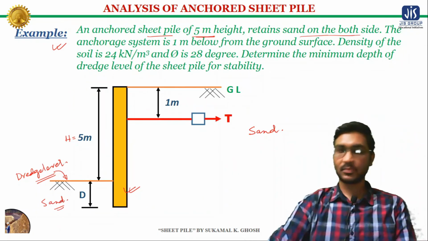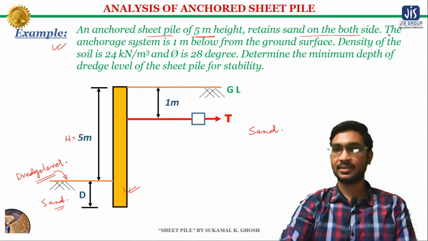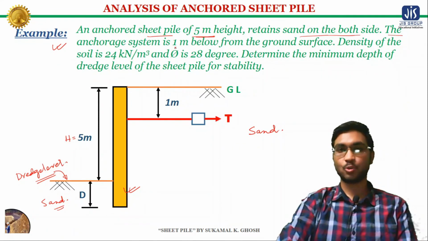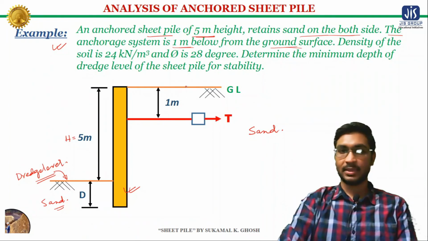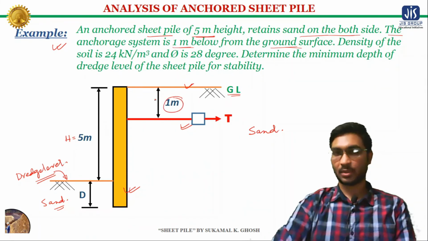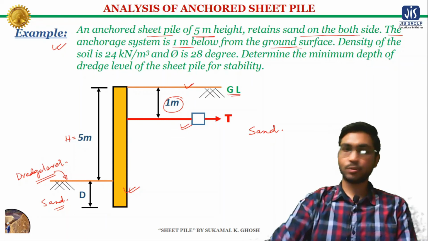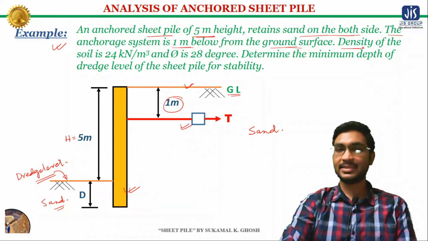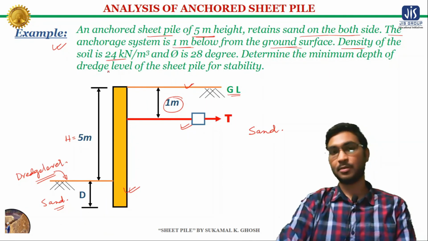Also the problem says the anchored system is 1 meter below the ground surface. This is the ground level or the ground surface, and this is the anchored system. So the distance between the ground level and the anchored system is 1 meter. Also it is given that the density of the soil is 24 kilonewton per meter cube.